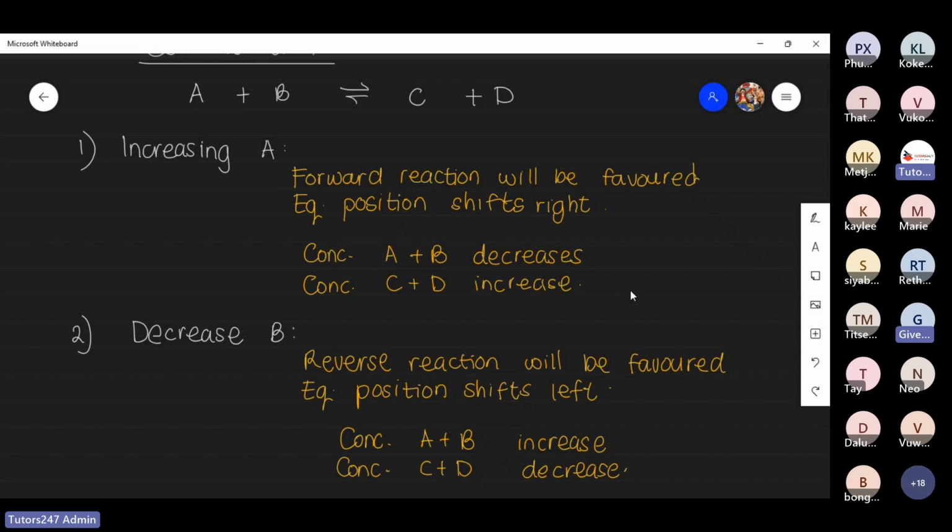Okay, so keep that in mind. If something was increased, it becomes the reactant so you can get rid of it. If something is decreased, it becomes the product so you can make more of it.